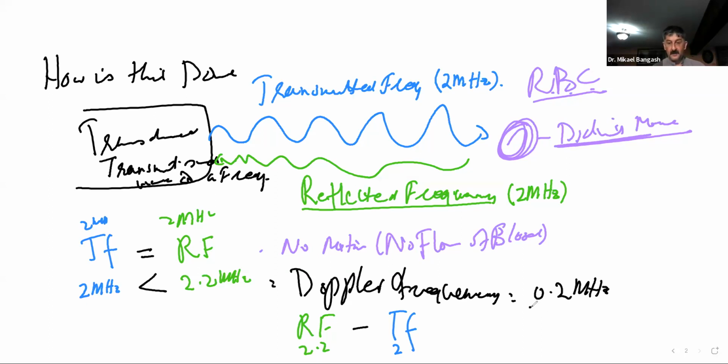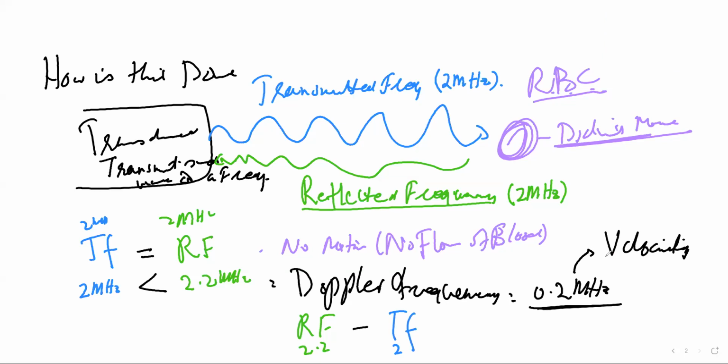Based on this frequency, the system will calculate the velocity at which the blood is flowing. Did that make sense?